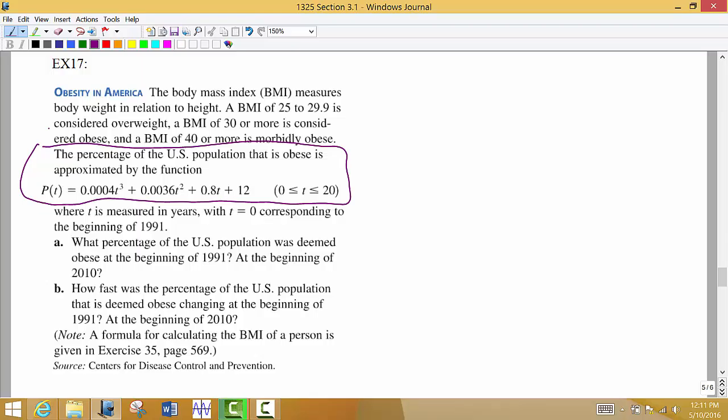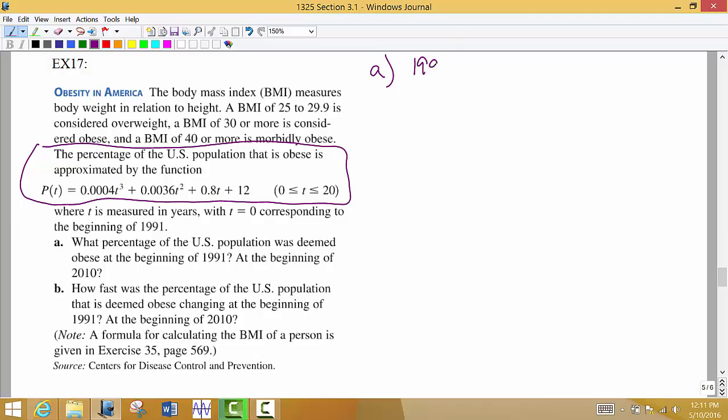What's really important is that Part A and Part B are distinguished from each other: in Part B, the first thing it says is how fast. So Part A is not asking us for a rate of change, it's just asking us to use the original function to find the percentages. So we're not finding a derivative here, we're just going to plug into the original function.